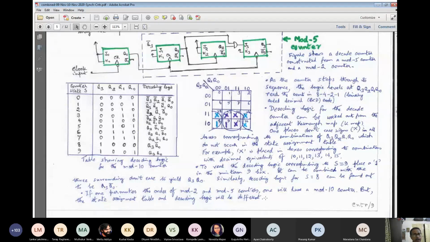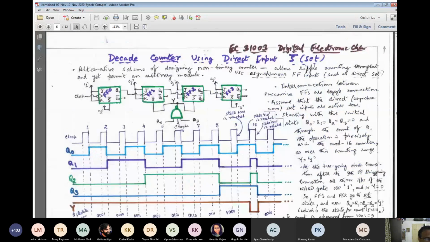Now, let us take up the design of a non-binary counter, but sticking to the ripple counter design. You can question why we are studying this.